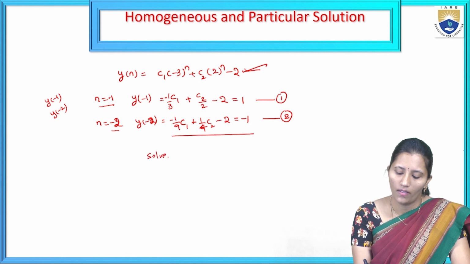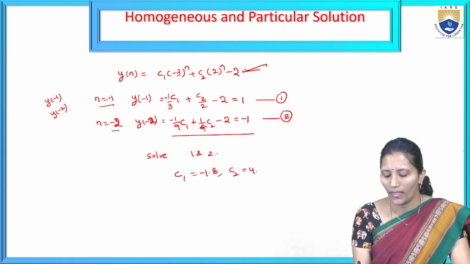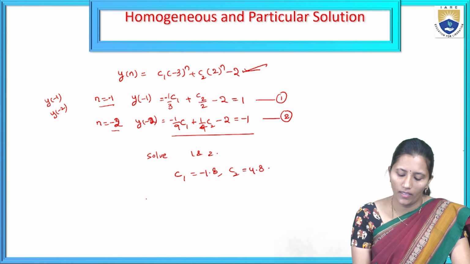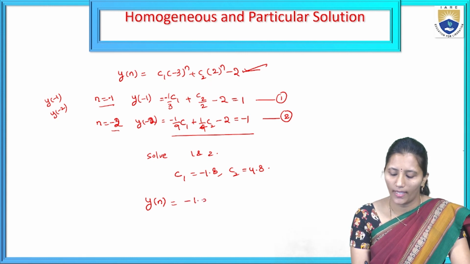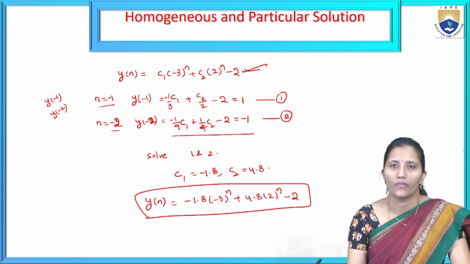Solving equations 1 and 2, we get C1 is equal to minus 1.8 and C2 is equal to 4.8. Directly we can write the final response: substituting in this equation, minus 1.8 into (minus 3) whole power n plus 4.8 into 2 power n minus 2. So this is the total response of the system.